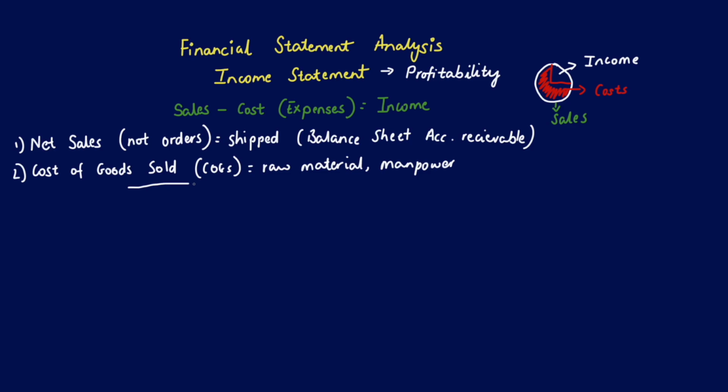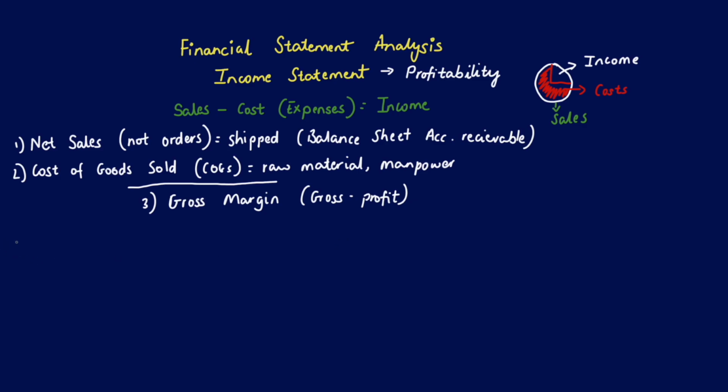You'll have to pay for the people to make the pizza, and that's going to be your costs. Once you subtract your cost of goods sold from your net sales, you are left with the gross margin, also known as the gross profit. So this is what's remaining once you've subtracted your cost of building a product from the amount of sales you've made.